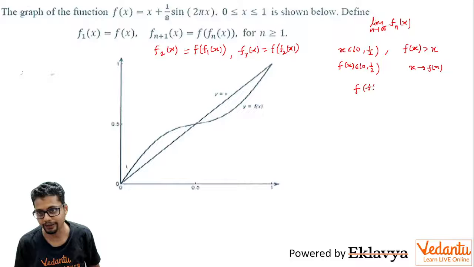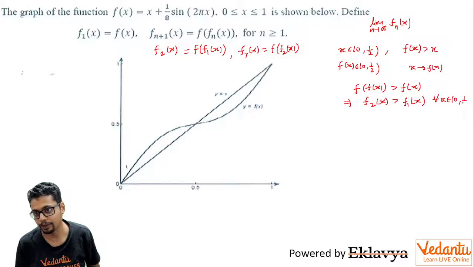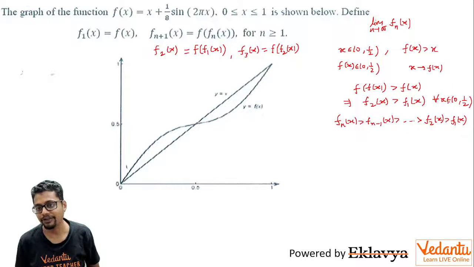That means f of f of x is greater than f of x. It essentially means f2 of x is greater than f1 of x for all x in the interval 0 open to half open. Similarly, fn of x will be greater than f of n minus 1 of x, and so forth, greater than f2 of x, greater than f1 of x, which is f of x only, for every x in 0 open to half open. Mind you, all these would still be less than half and greater than 0.